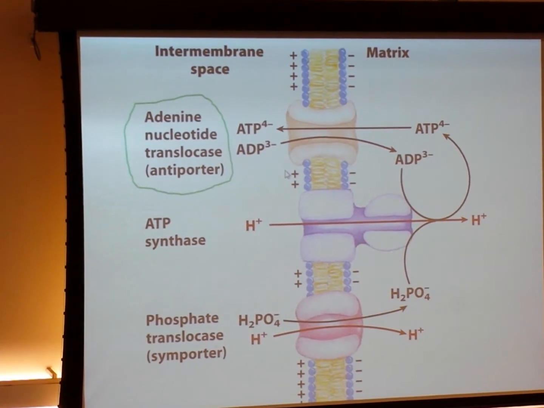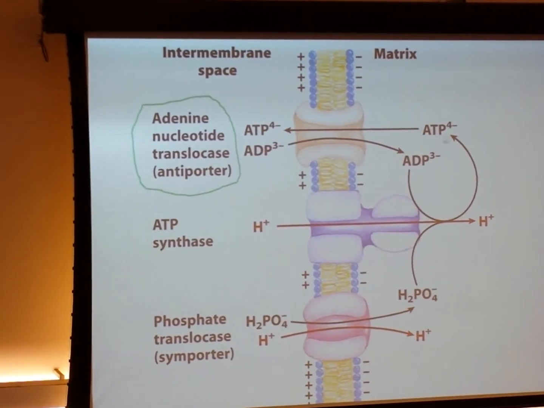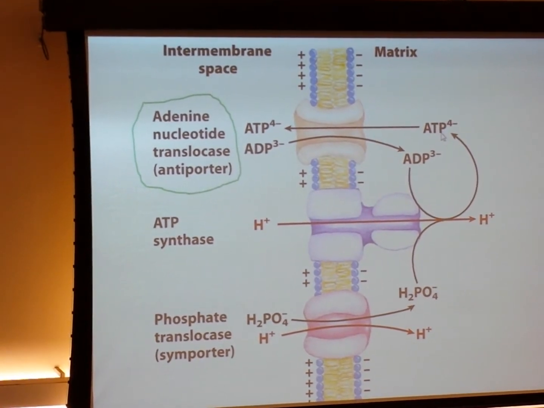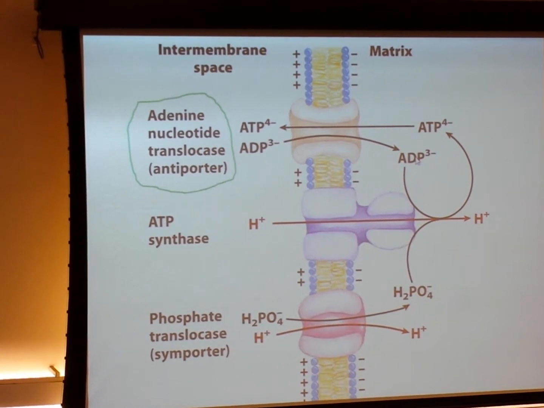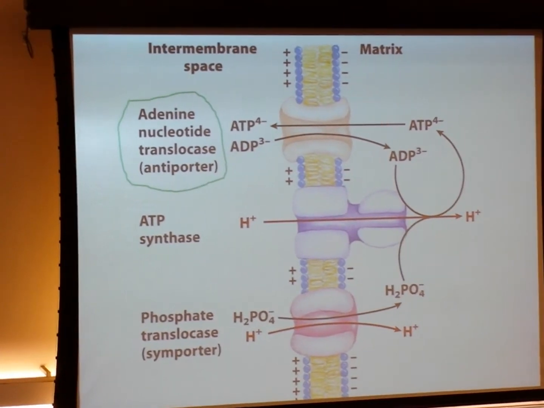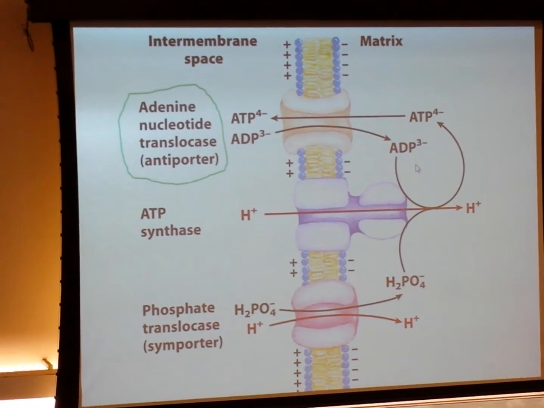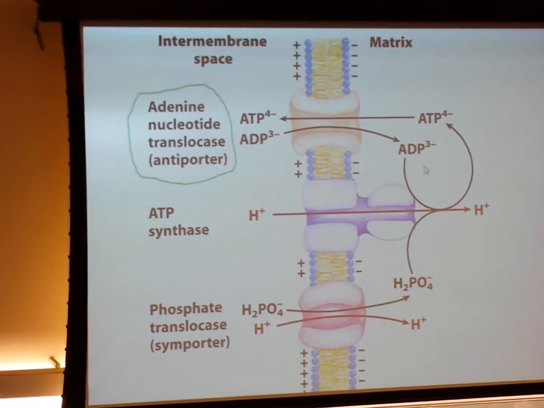But if we just focus on these guys right here, this guy's got 3 phosphates on him, ATP. This one only has 2. So that would create a problem, and that's where this other protein comes in. Because the problem would be what? If you'd run out of phosphate, how can you make ATP up from thin air?